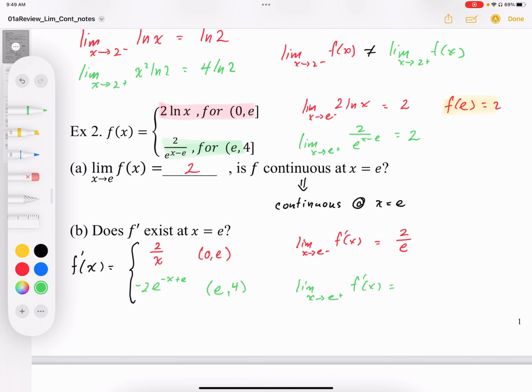So that's equal to negative 2 times 1, or negative 2. So the derivative slope on the left side, the left-hand slope, is not equal to the right-hand slope.